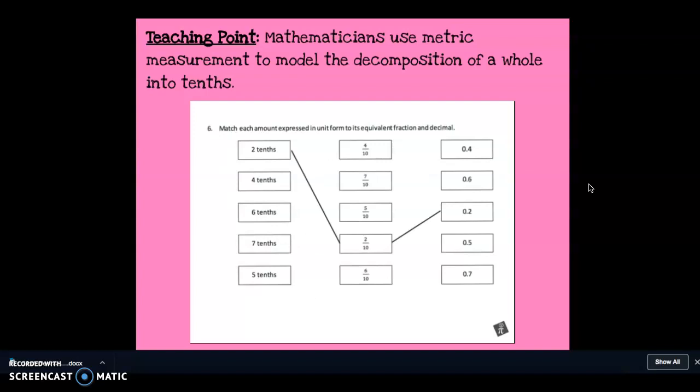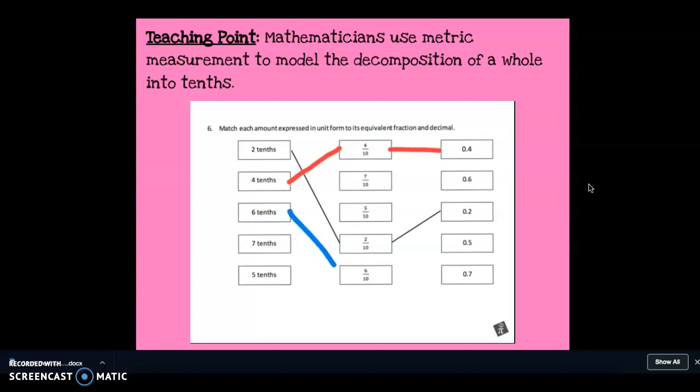And then the last slide for this video is we have these 3 piles. You have in unit form, using words, you have in fraction form, and you have in decimal form. And the idea is, let's make the connections. So if you've got 4/10, where is that going to go? Well, 4/10 goes up here, which goes straight right here. How about 6/10? Well, here's 6/10. Where is 6/10? Oh, it's right here.